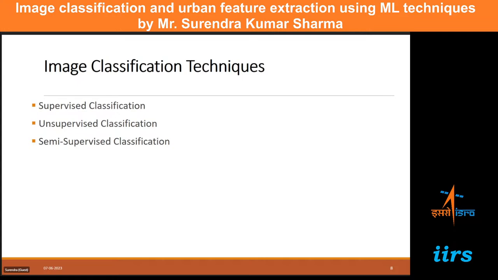In unsupervised classification, we don't have labeled data or we don't have output. We just have the input image, and based on its characteristics, the algorithm divides the image into different classes. Then the third one is semi-supervised classification. This technique is used when we have a limited amount of labeled data, a very small amount of training data.